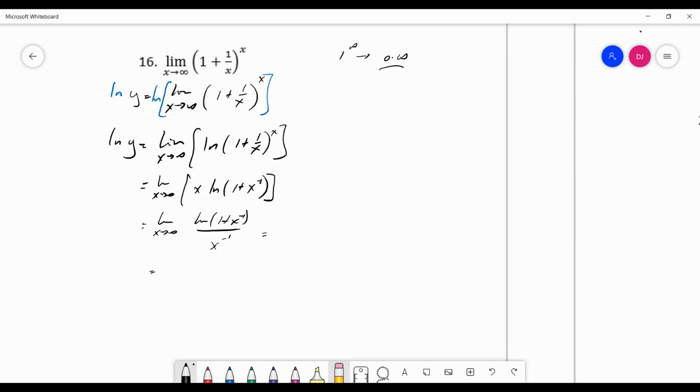So now, to do L'Hopital's rule, I've got the limit of the natural log of 1 + 1/x. And the derivative of the natural log of u is 1 over u, du.